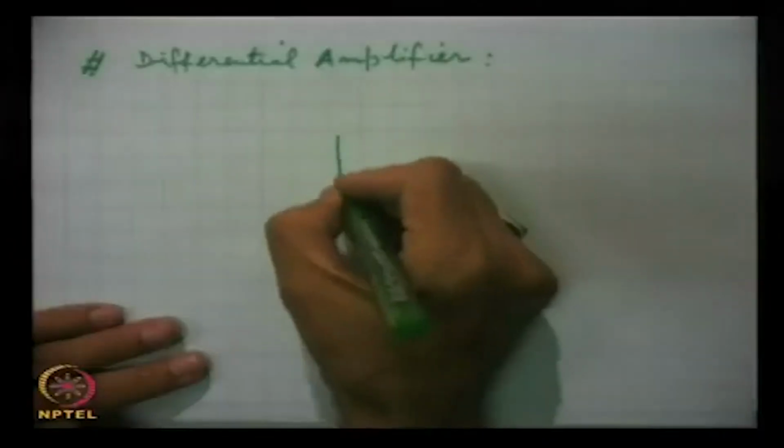Actually, instead of using discrete transistor units and then providing a constant current and all that, differential amplifiers are realized by using an operational amplifier in a differential mode. So, this is the basic circuit.